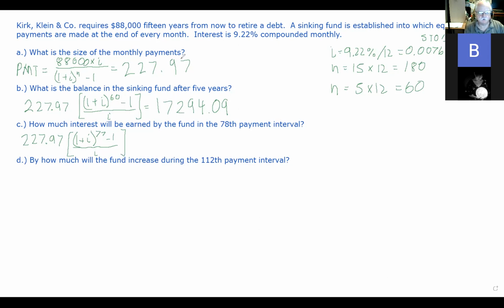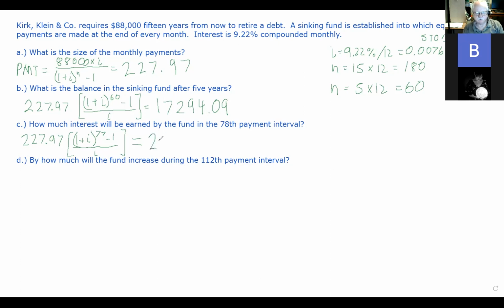And let's figure out what that is. So recall 1 plus 1 y to the x 77 minus 1 divided by recall 1 times 227.97.